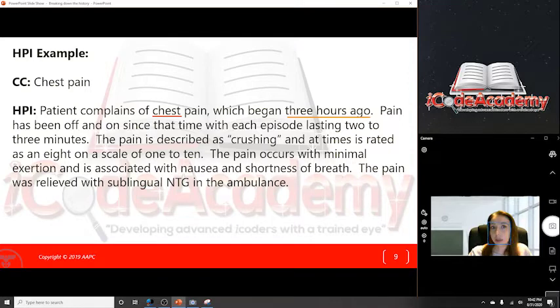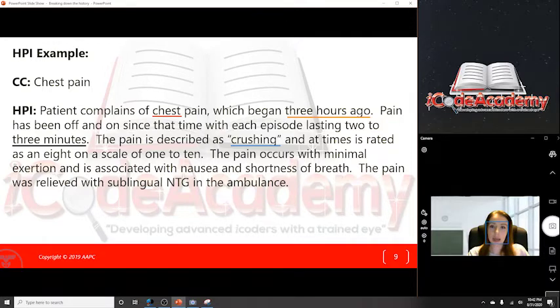So chest we're going to take as location. 3 hours ago is going to be our duration element. Next one here, we can see that the pain has been going on for 2 to 3 minutes, which we can take as a timing element. How long has it been going on? Pain is described as crushing. So remember when I talked to you guys about descriptive terms? Descriptive terms are going to be our quality element.